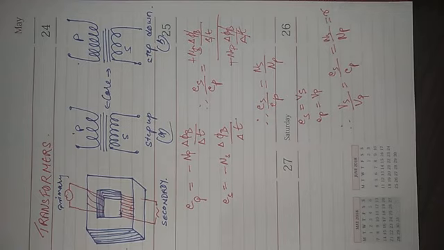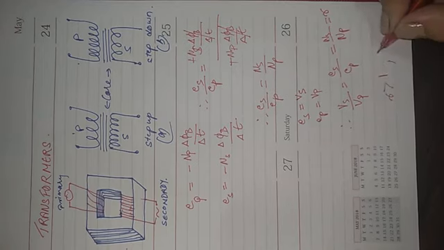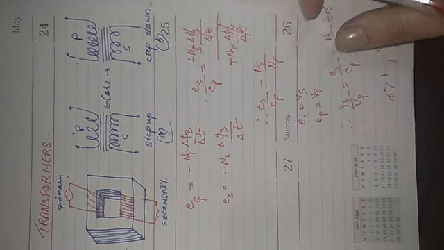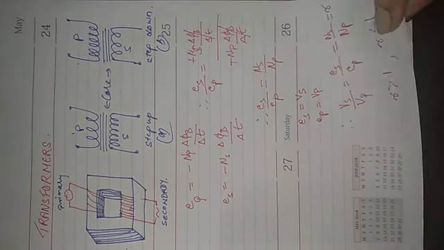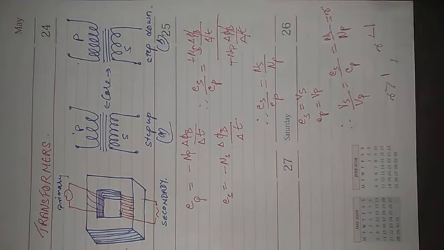In a step-up transformer, R is always greater than 1, whereas in a step-down transformer, R is always less than 1.